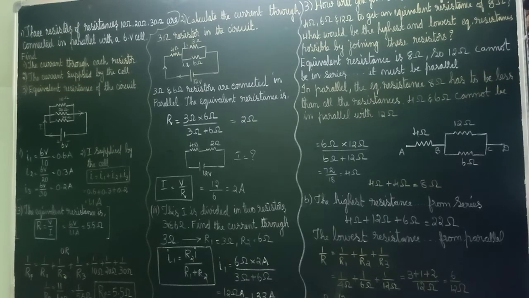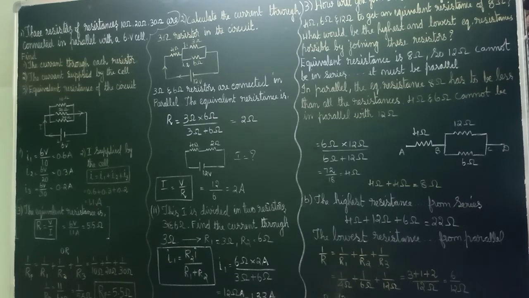Okay, equivalent resistance is 8 ohms. So the 12 ohm cannot be in series, because what we have studied is that in series the equivalent resistance is greater than the greatest resistor. So it should be parallel. In parallel, the equivalent resistance has to be less than all the resistances, lesser than the least.